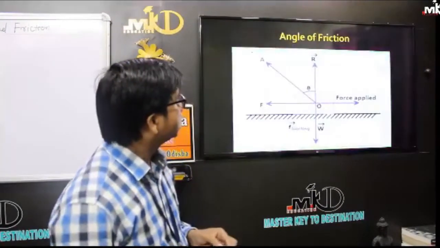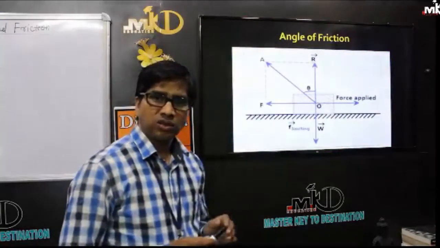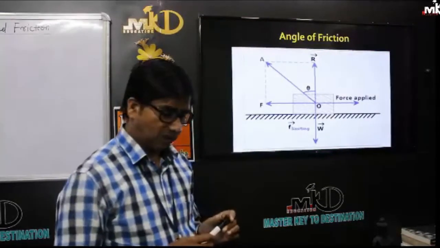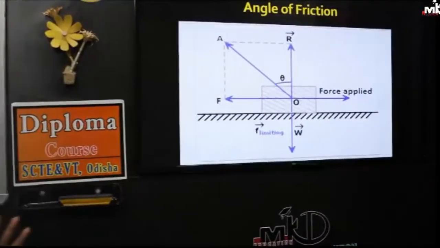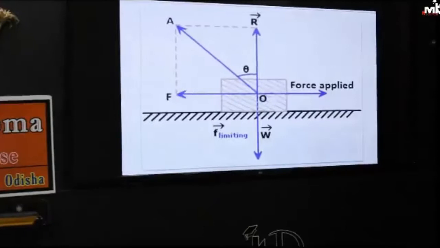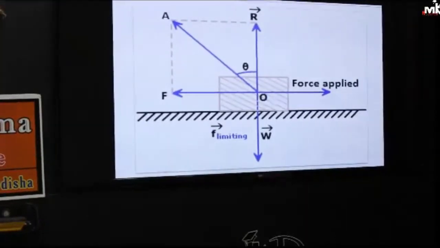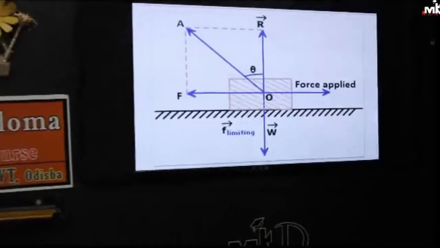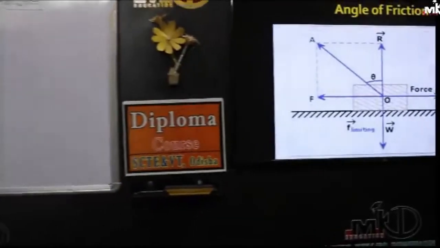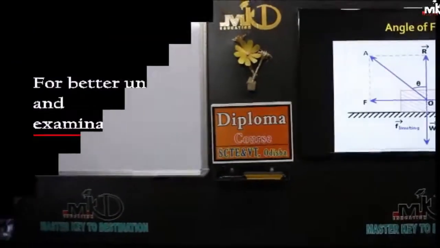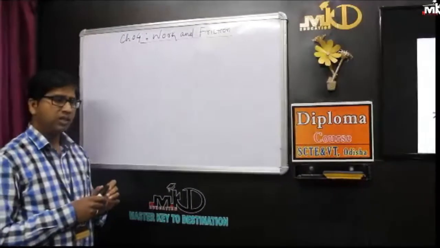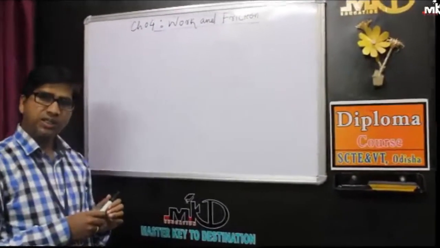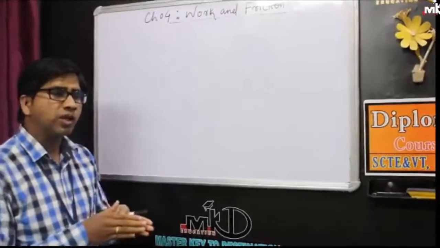Now let us come to the term angle of friction. Friction I have already discussed in the last class. Friction means the force of opposition, or the opposing force, which comes into play whenever a surface or a body moves over another.